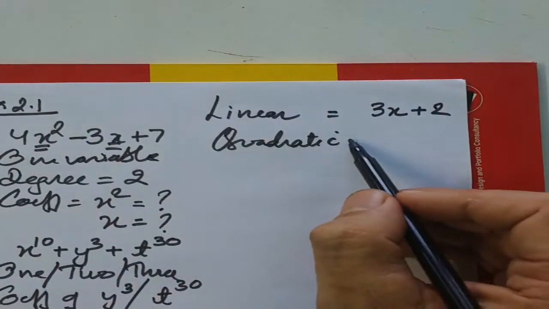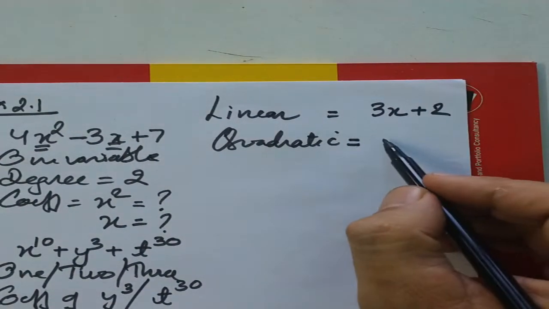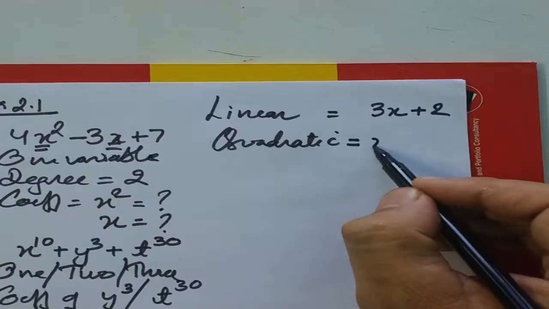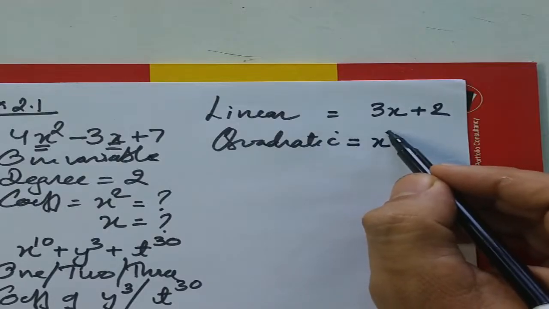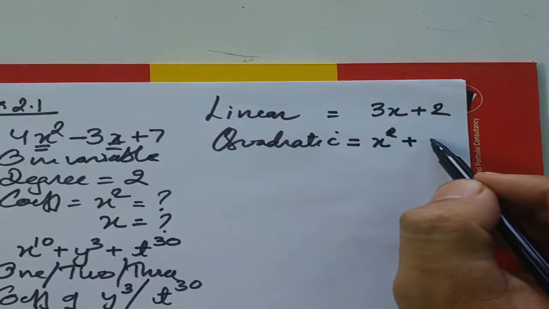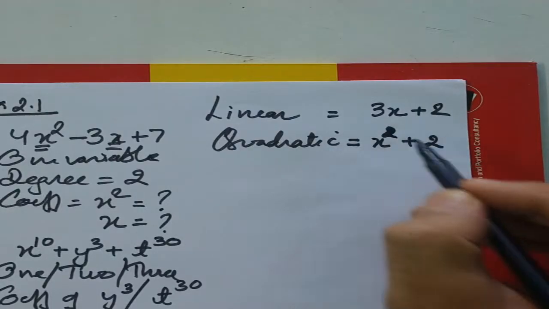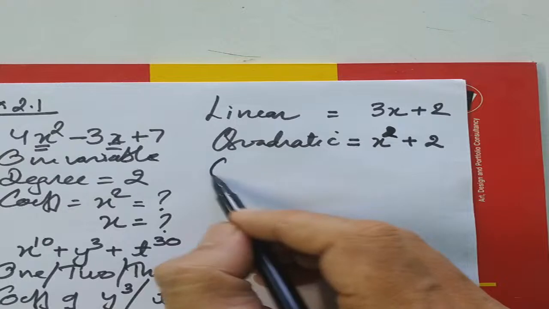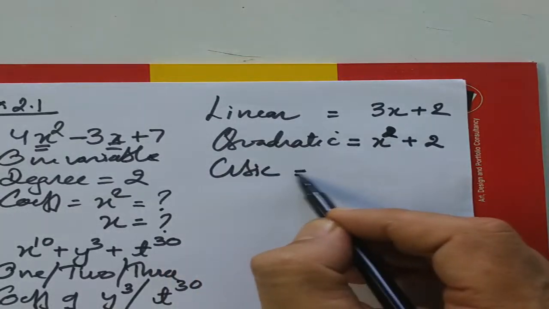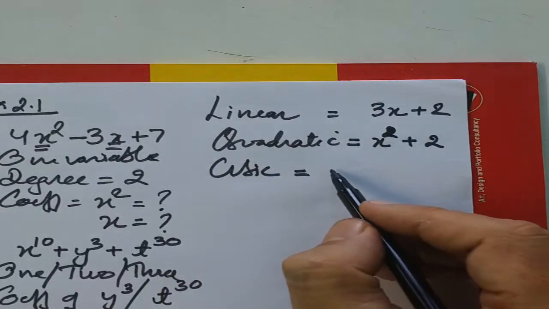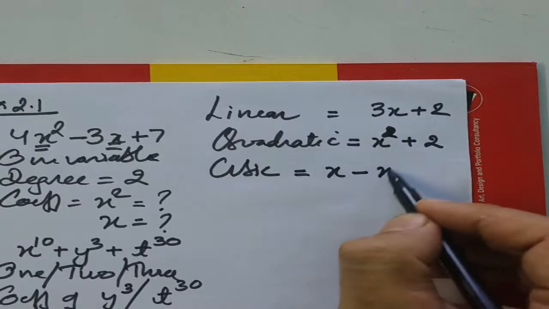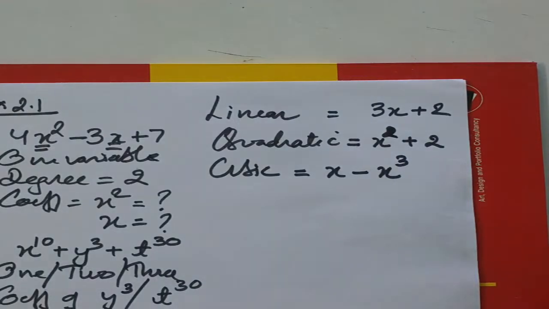A quadratic polynomial example will be x squared plus 2. And the third is cubic. A cubic polynomial example will be x minus x raised to the power 3.